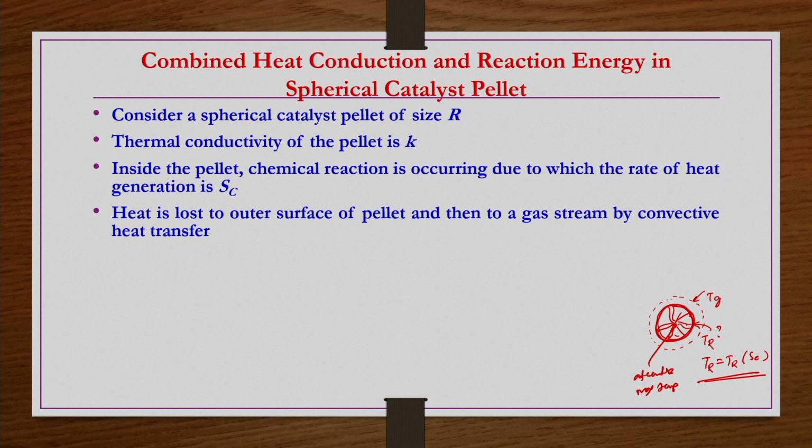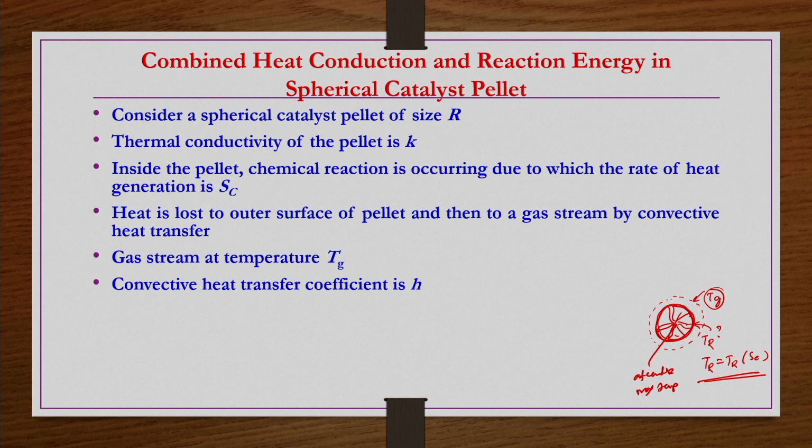Usually these catalytic heterogeneous reactions have one of the phases either gas or liquid, in general mostly gaseous reactions. So, there is a gas stream flowing around this catalyst surface, forming a kind of film layer. The temperature of that gas stream is Tg, that is known. Okay. So, now gas stream at temperature Tg, that is known.